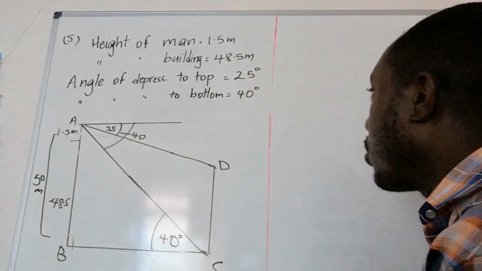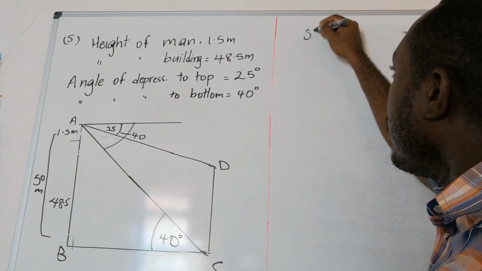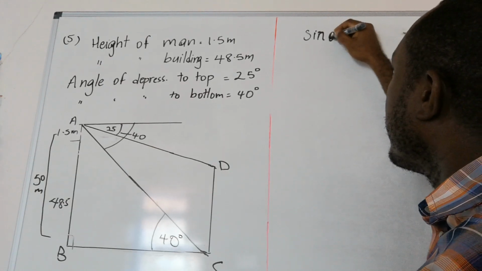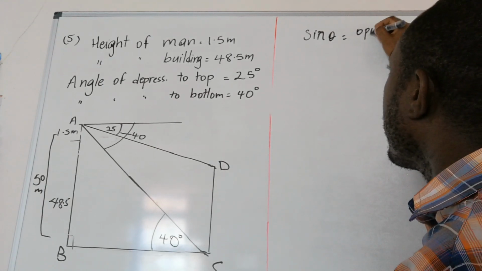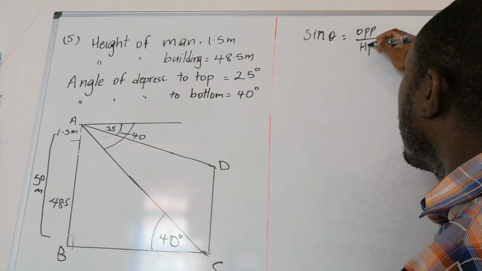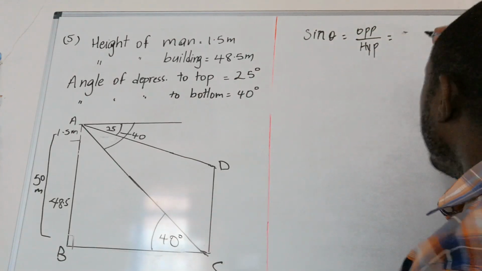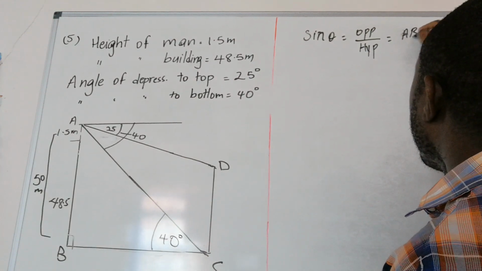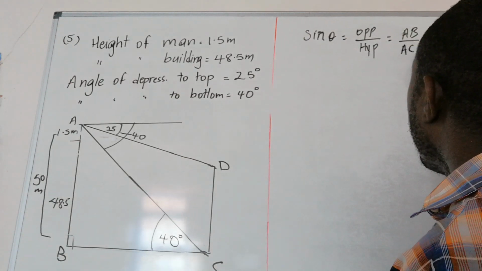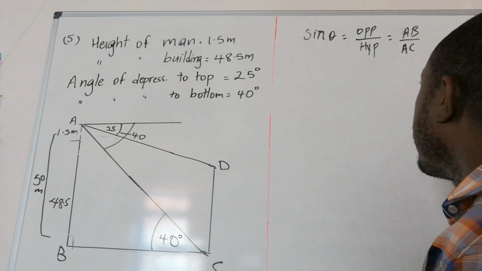And sine theta is equal to the opposite over the hypotenuse. In this case, the opposite will be AB and the hypotenuse AC. And we need to find the value of AC.